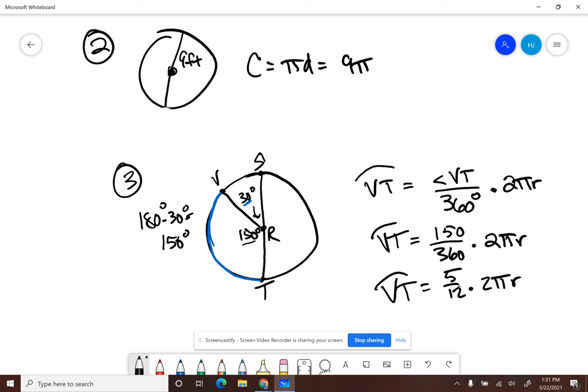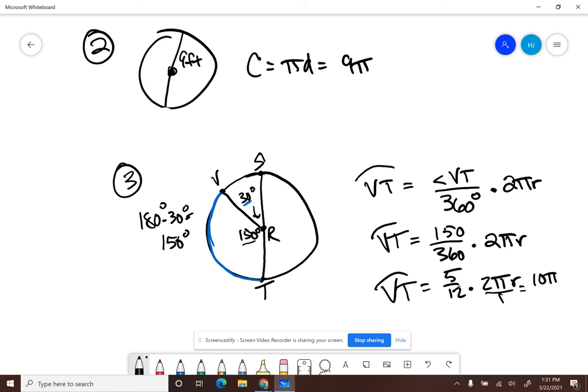Remember, I could also just go ahead and write that as a fraction as well. So I can make anything a fraction, just put it over 1. And now I can just multiply straight across. So if you notice here, I have 2 times 5, which is 10 pi.